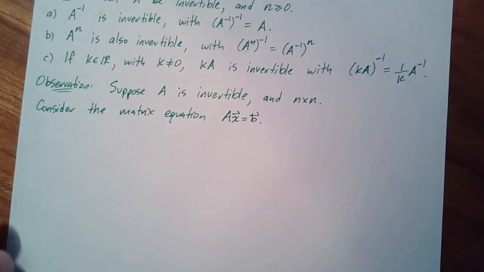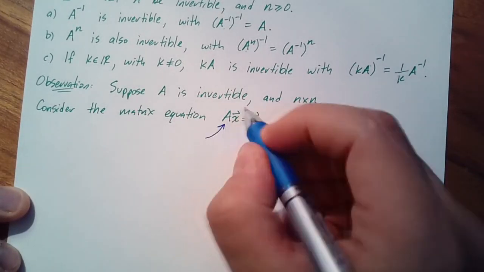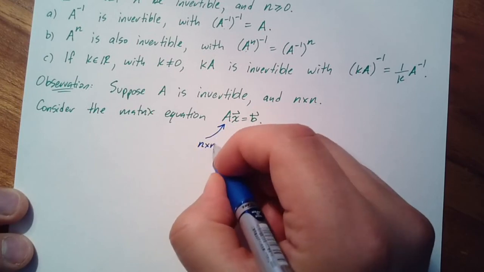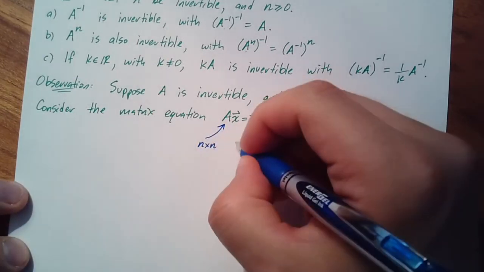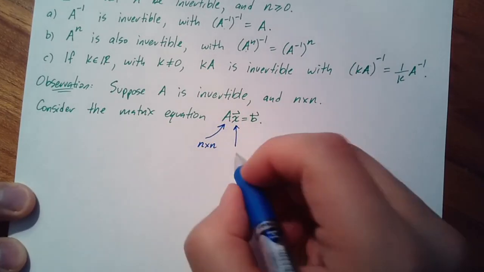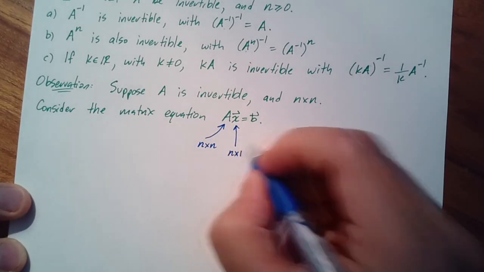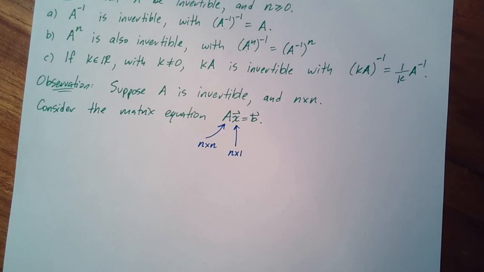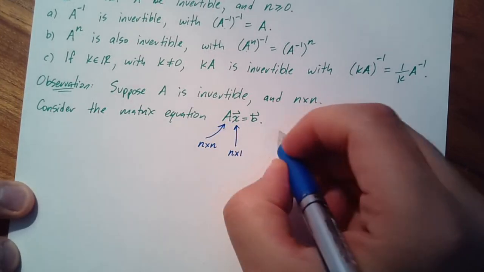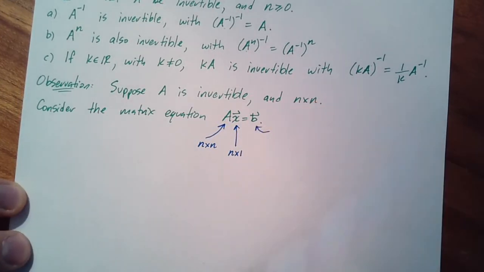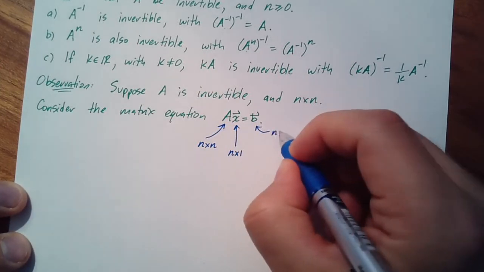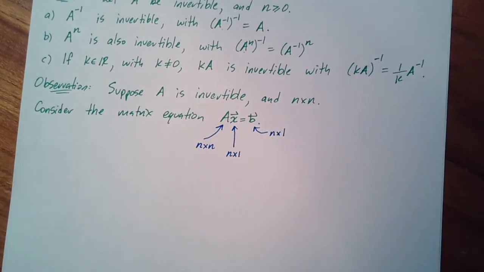When I write something like this down, we're interpreting A as an n by n coefficient matrix, and X bar as an n by 1 column matrix consisting of all the variables in some linear system. And then you have your constant matrix B, which is also an n by 1 matrix. It really just consists of the column which contains all of the constant terms from each of the equations in your system. So this matrix equation really corresponds to a linear system.